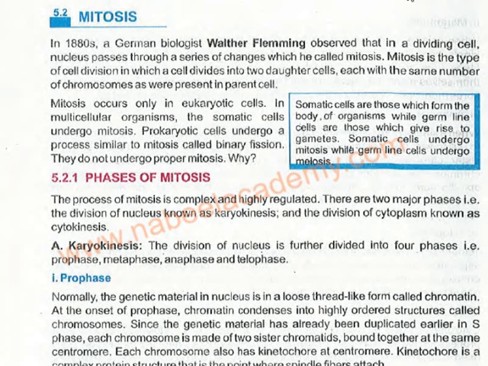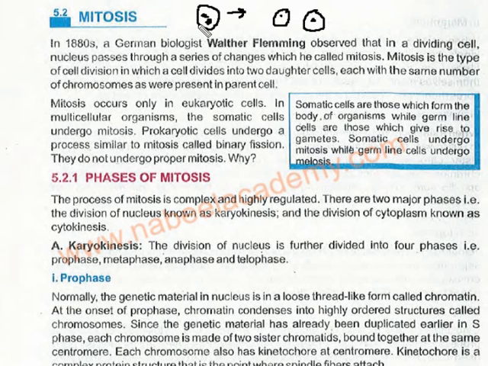For example, I'm giving you an example. If this is any living thing, just imaginary, and it has two small chromosomes in it. Just imagine this is the nuclear matter.